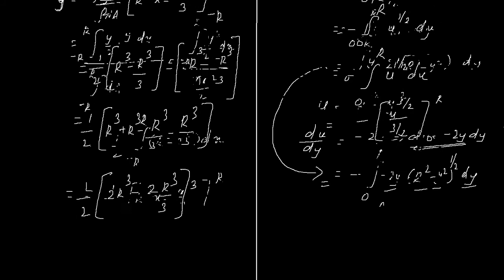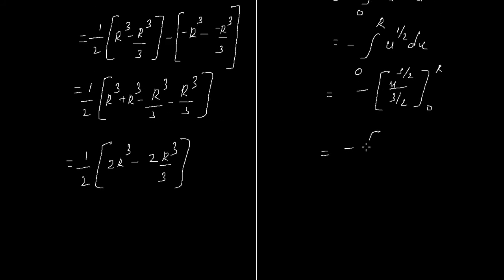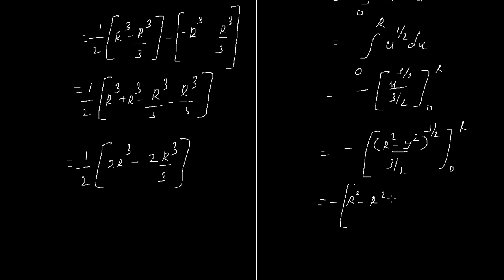So substituting the value of u in this equation, you have minus r squared minus y squared all raised to 3 by 2 over 3 by 2 within limits 0 to r, and that will give you minus r squared minus, put r here, that will give you r squared all raised to 3 by 2 over 3 by 2, minus r squared minus, substituting 0 here, 0 square all raised to 3 by 2 over 3 by 2.